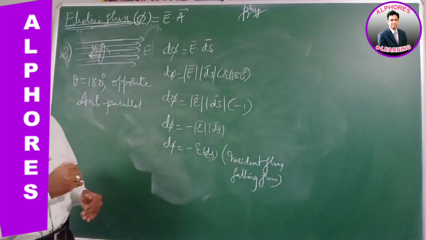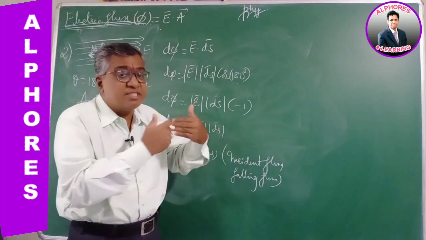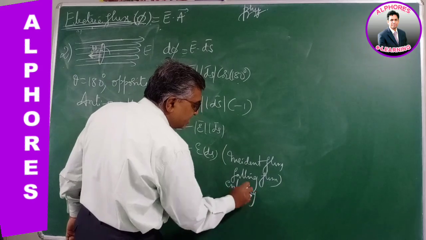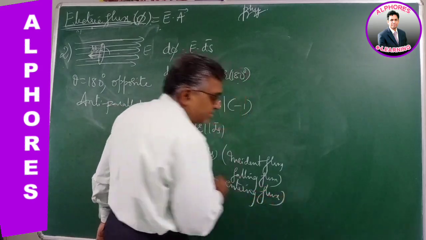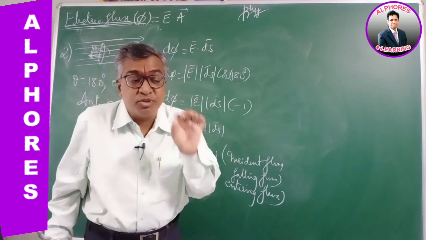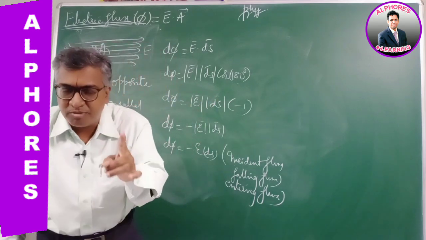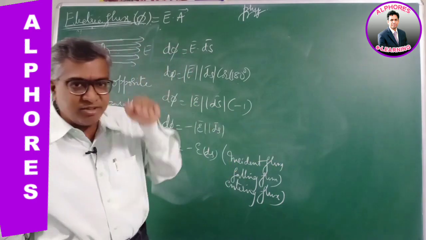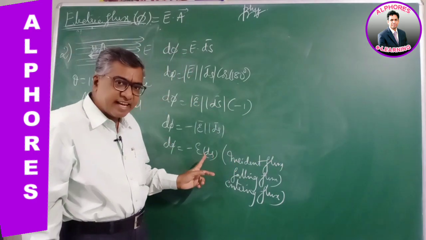Entering flux. Initially when theta was 0, it was emerging flux. Now it is entering flux, the flux is entering into the surface, falling on the surface. Whenever the lines of force fall on the surface, you need to remember it as negative flux. It is entering into the surface, then it is negative, minus.